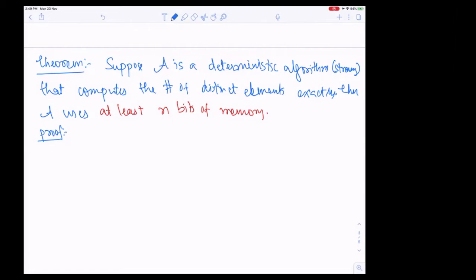And why did you say that if I just have insertion only, then n bits is easy? Because I just say whether an element is present or not. But if you also have deletions, then I can't be sure. So this will also work for deletion.